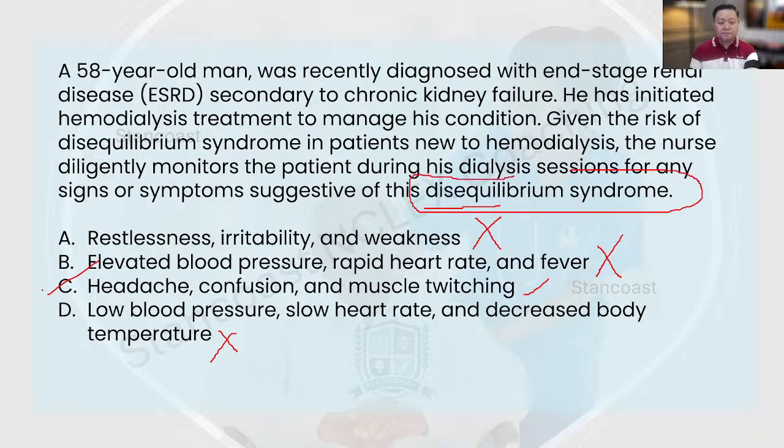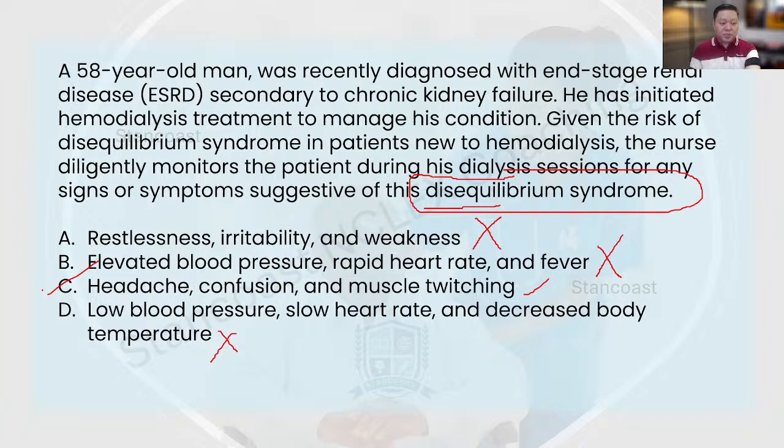So narrow your decision making at this point as far as the assessment findings. You have to pick the common manifestations associated with this problem. And so we are also going to have to eliminate those obvious incorrect options. So what are those obvious incorrect options?